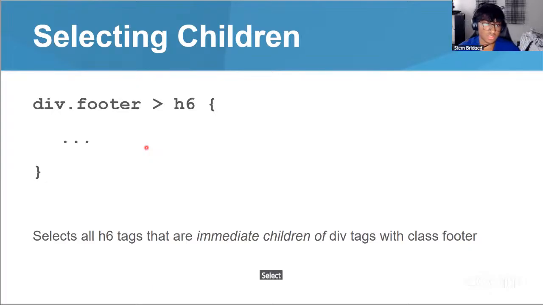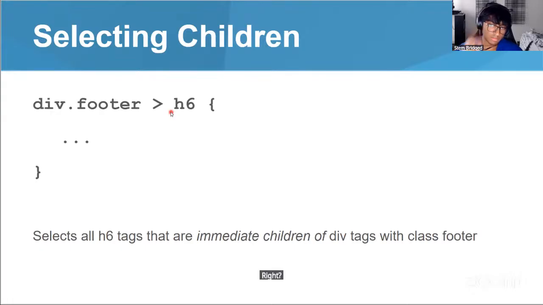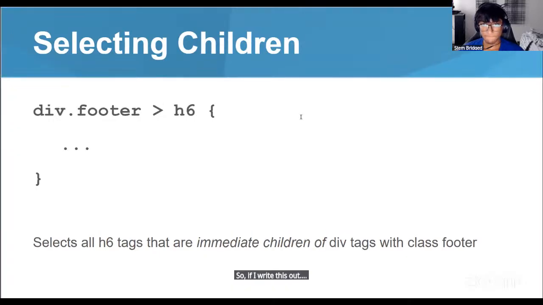Selecting children: this selects all the H6 tags that are immediate children of the div tags, right? And that div tag also has to have the class footer. So if I write this out, div, okay, div, slash div, H6.